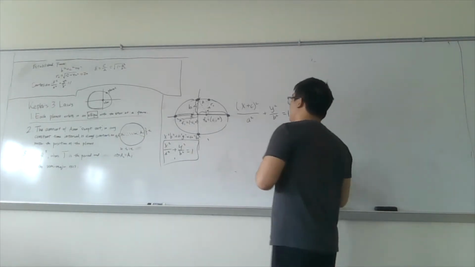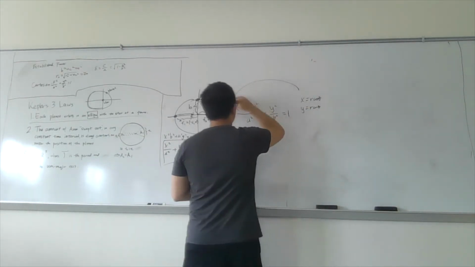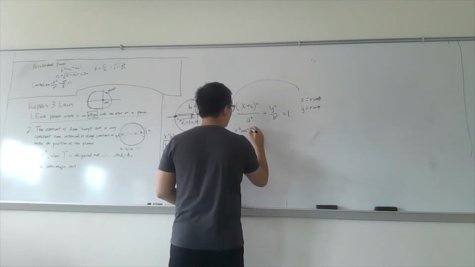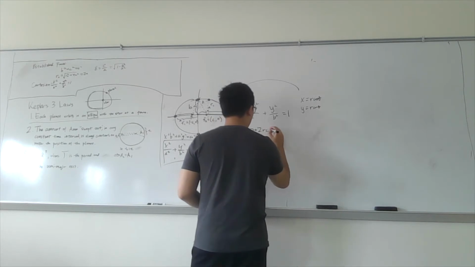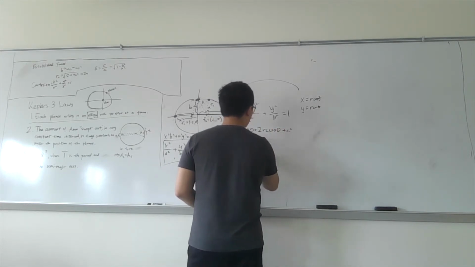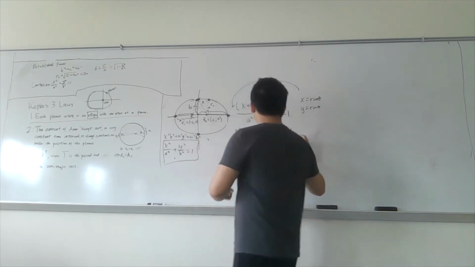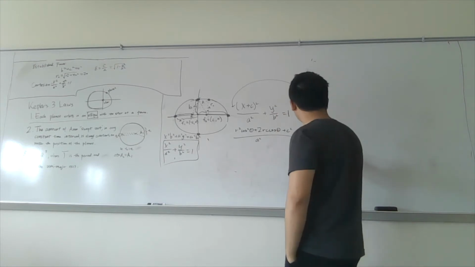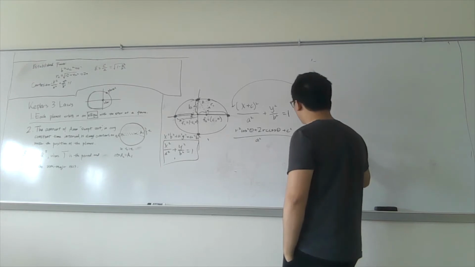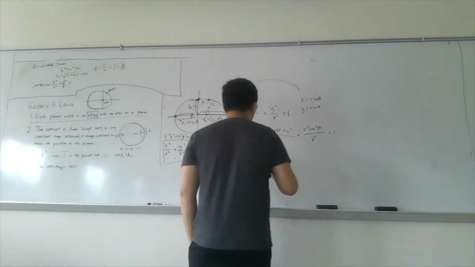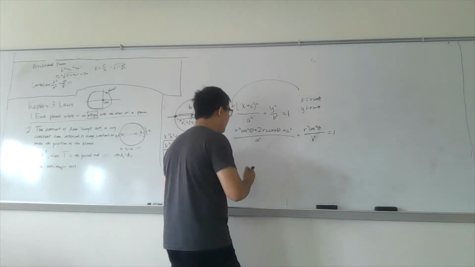Anyways, moving on, let's plug this in to here. We're going to get to want to get rid of these fractions, so let's just multiply everything by a squared times b squared.